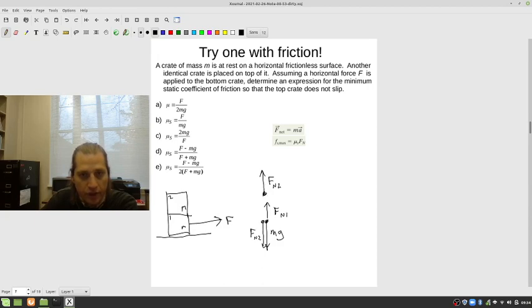And then there's an mg acting on this top block, which is just your force of gravity. Now there's also, we said, a force pulling this forward. Let's call that just F. Now, here's the key. If this block is to move forward, it has to have a frictional force pulling it forward.